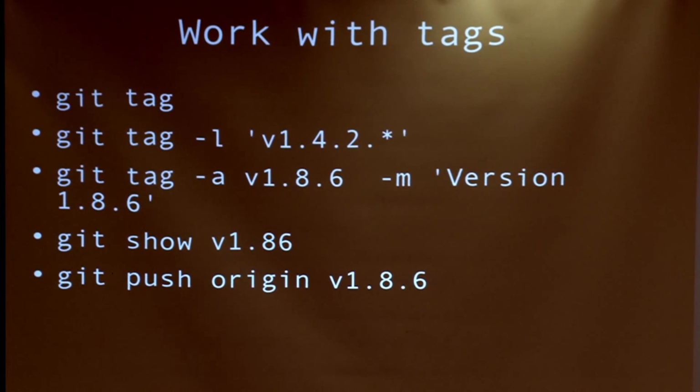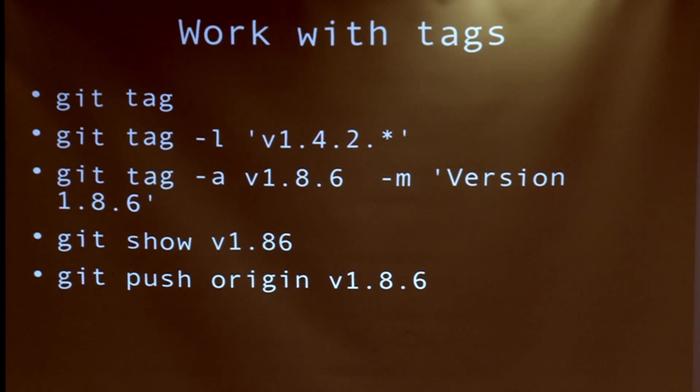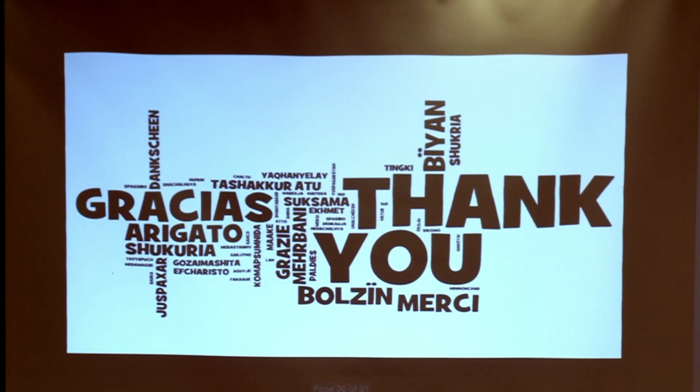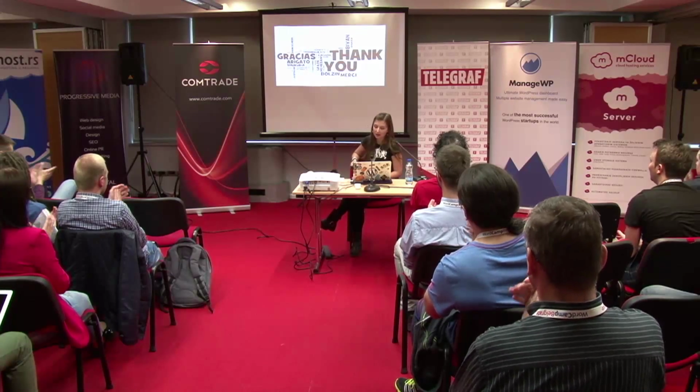And if you need to show everything that happened in that tag, you can use git show. Of course, you need to push them back to your repository. And once you have a stable version tag, you can, for example, in the submodules, check out that version more quickly. Or just have it as a reference for your colleagues. And mostly that's it.